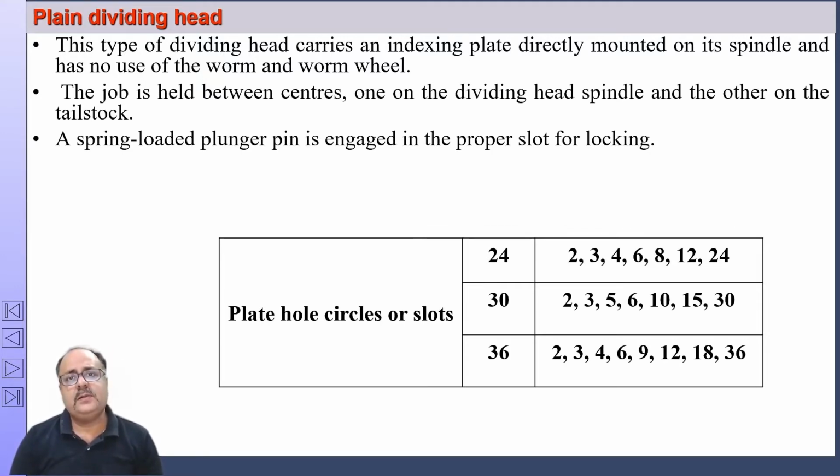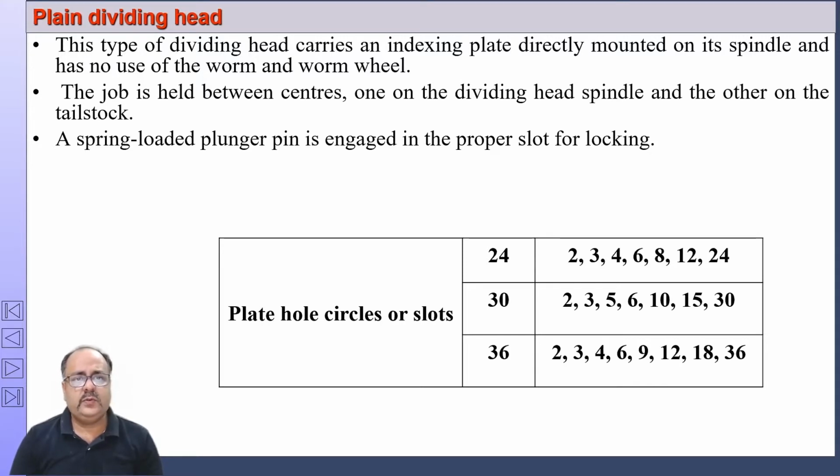These holes enable us to divide the workpiece in the factors of the particular number of holes. The factors of 24 are 2, 3, 4, 6, 8, 12 and 24. That means using the 24 hole circle, we can divide the workpiece into 2, 3, 4, 6, 8, 12 and 24 divisions. Likewise for the other hole circles, like 30 and 36.